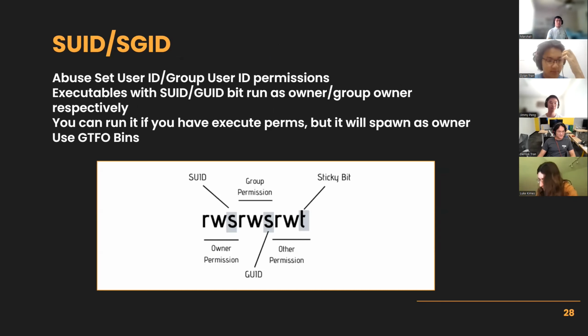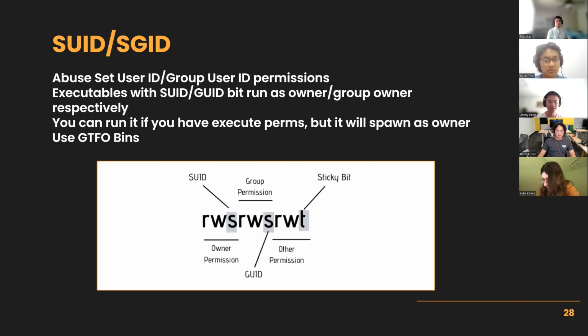So for example, if the owner of the file is root and you have execute permissions, or the SUID is set on that file, you're able to execute it with root permissions or as root. This is the same with SGID, where it allows a user to execute with the permissions of a certain group. And these could be exploited with the use of GTFOBins. If you're unfamiliar with a certain binary, you could just look it up to see if there's an SUID for it to grant yourself a privileged shell.